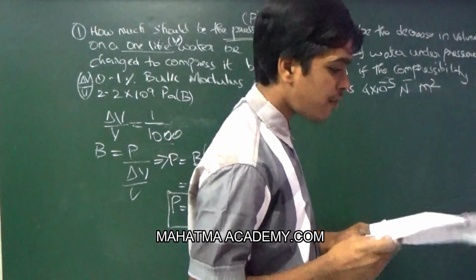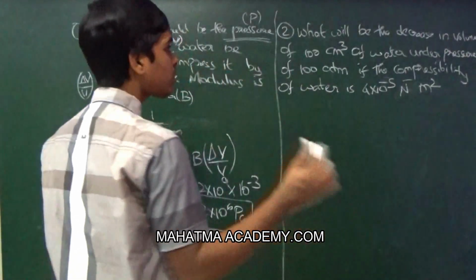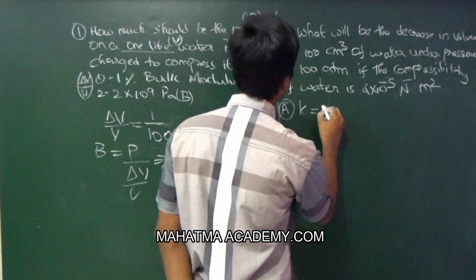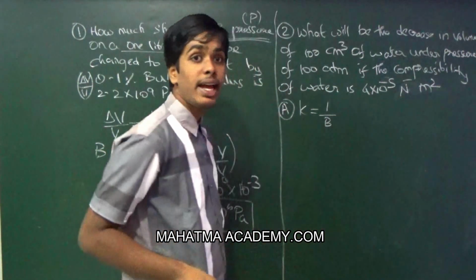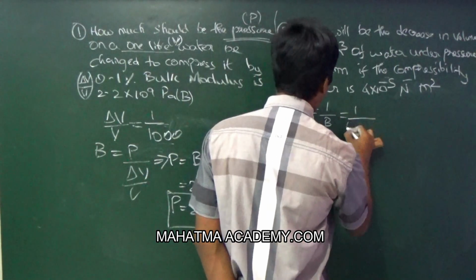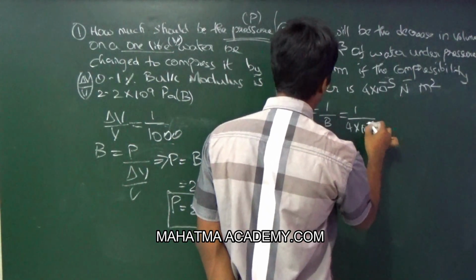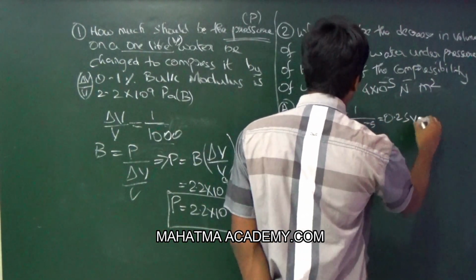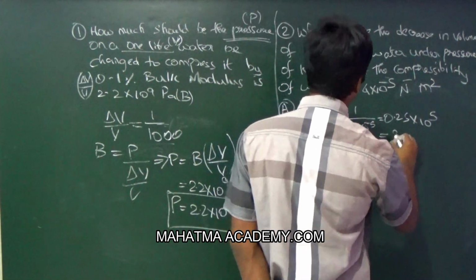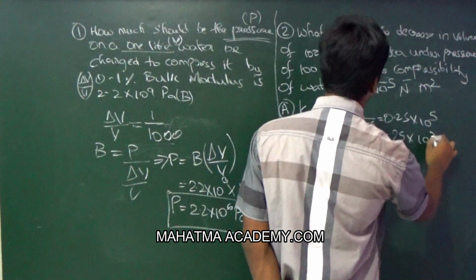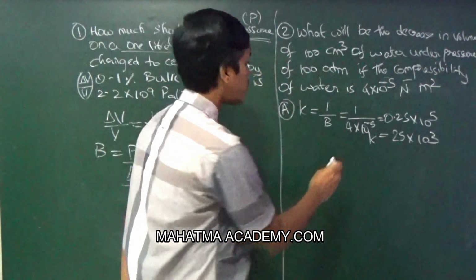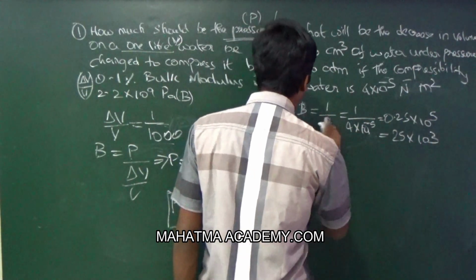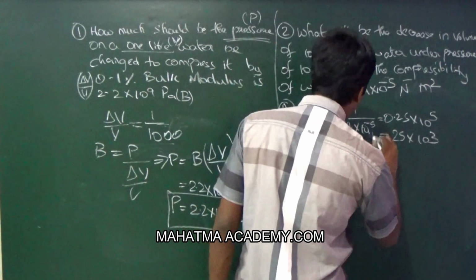We want to find out the delta V. First we will write what we have given in the question. K is equal to 1 by B. 1 by B means 1 by 4 into 10 to the power of minus 5. 1 by 4 is 0.25 into 10 to the power of 5. From this it is 25 into 10 cube. Sorry, it is bulk modulus.